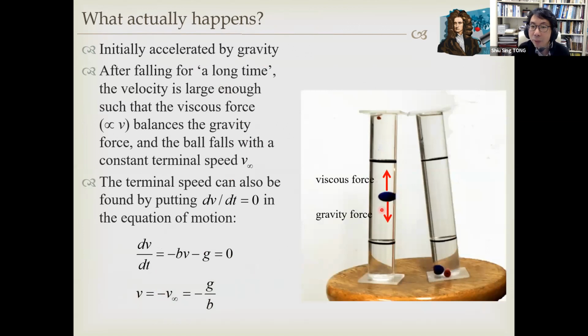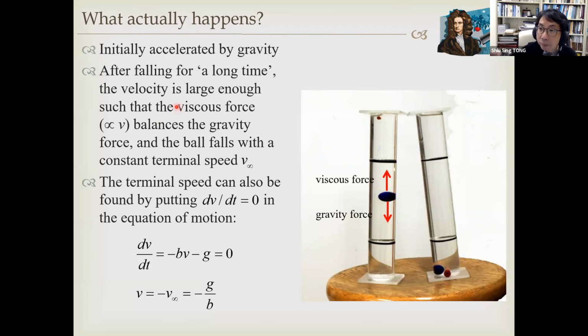Now that is exactly what will happen. Now we don't discuss the case of a skydiver because we are not talking about air. For air, the air resistance will be more complicated. It may depend on V squared instead of V. So we talk about the simplest case of a ball falling inside a viscous medium. When the ball is first released, it is accelerated by the downward force of gravity.